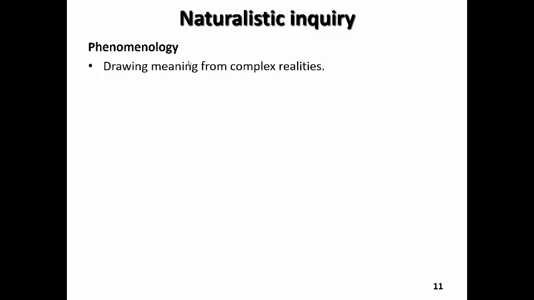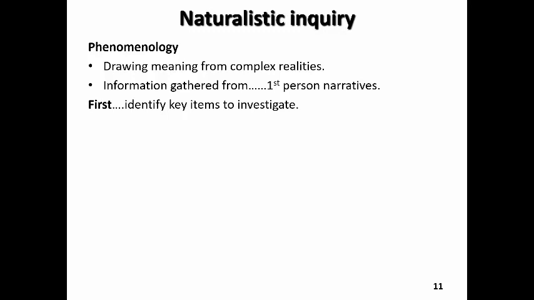And phenomena are these various entities and various occurrences that exist that are complex in nature. And using the phenomenology approach, information is gathered from first-person narratives. And the first step with this approach is that the researcher should identify key items to investigate.